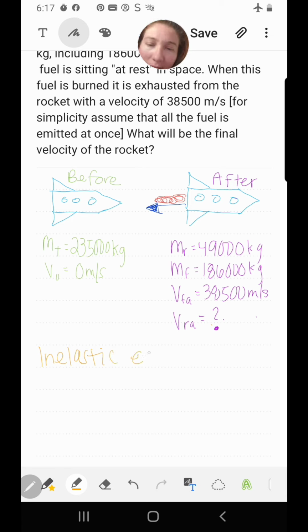Well, an inelastic collision starts off as one singular mass, and then some type of explosion or collision occurs, and there are two separate masses in the end. Now, with inelastic collisions, the kinetic energy is not conserved, but momentum is. So this is the conservation of momentum.